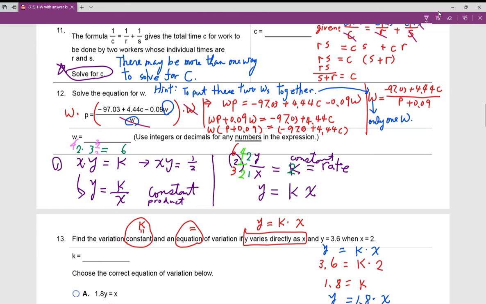So in this way, when x doubles, y needs to be half. I will say x and y grow in the inverse direction. So we call this y varies inversely with x.